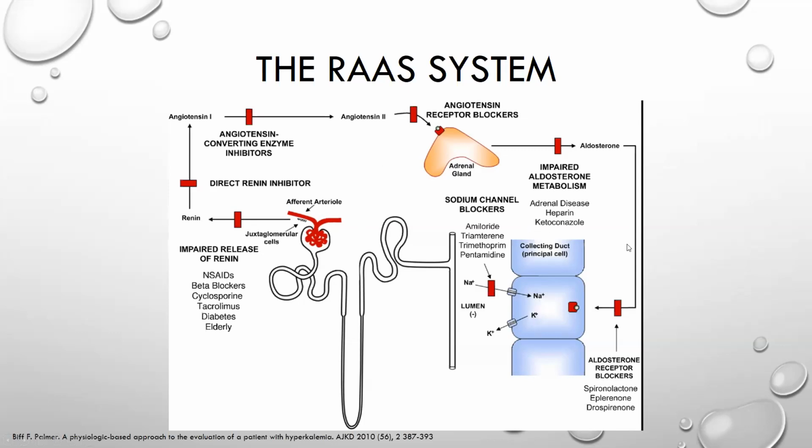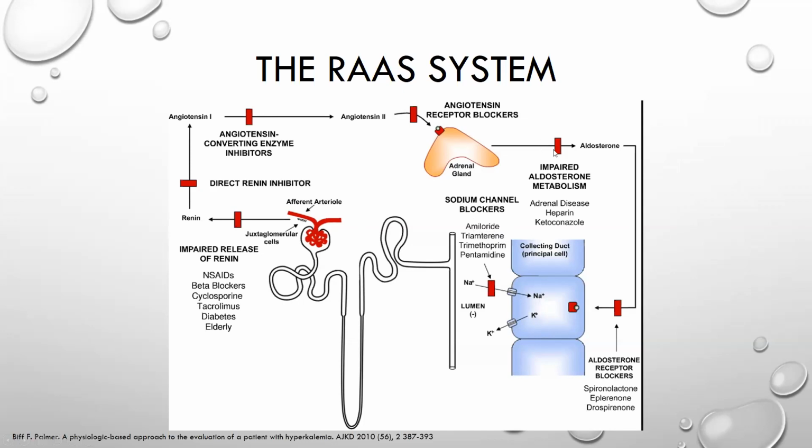Pentamidine is right here. It's similar to a commonly used potassium-sparing diuretic, amiloride, in that it blocks your ENaC channels over here. And like we explained before, if you don't have this sodium influx distally, you don't have that big electrical gradient, therefore your potassium will not come out.